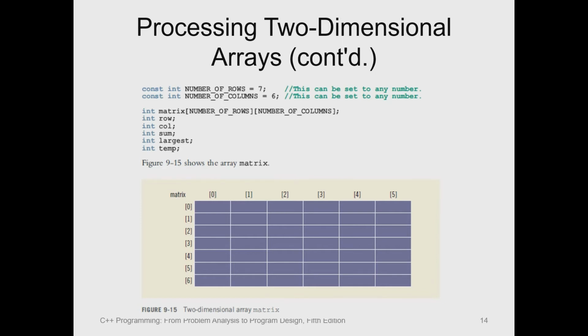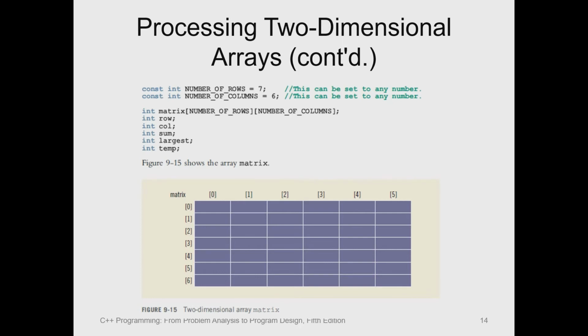Then increment the value of column by 1. Then we assign the value 0 to matrix, subscript row, subscript col, is equal to 0. That means row is always 4, and the column will be initialized from 0 to the last position of the column.